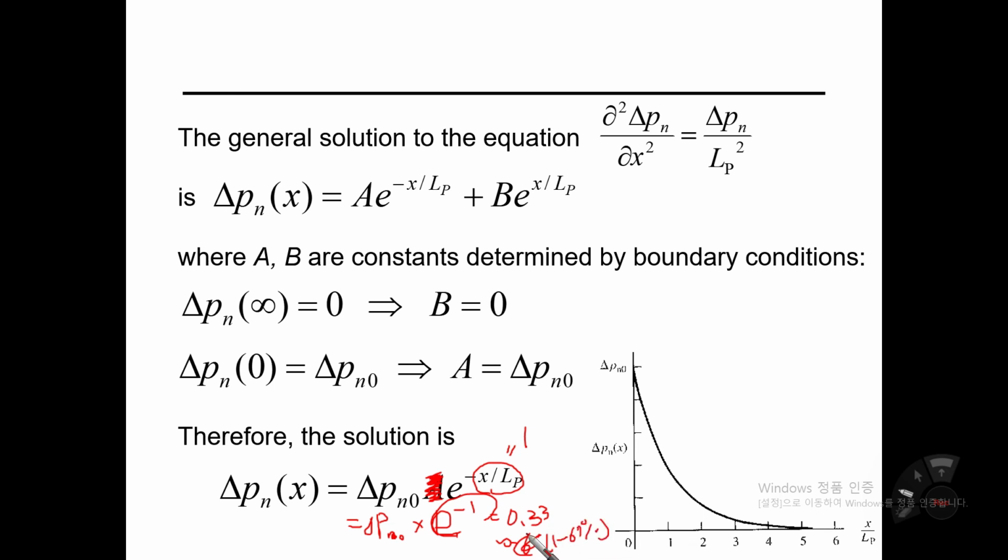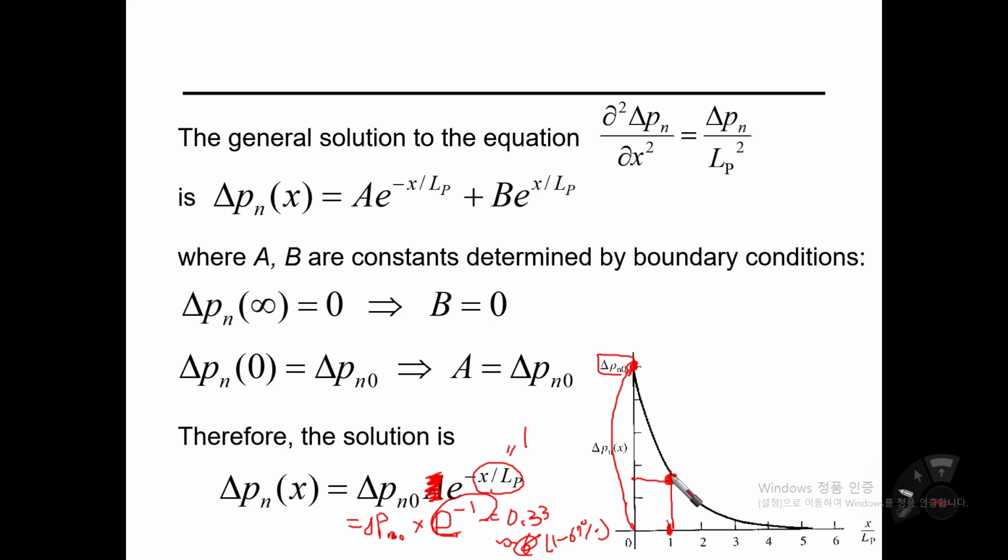So when x over Lp is 1, the value is delta Pn naught times 0.33. So it's about here. 33%.